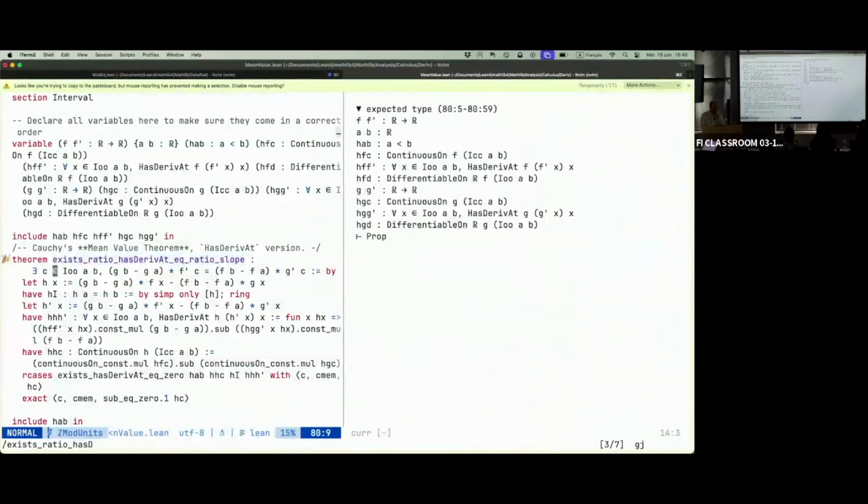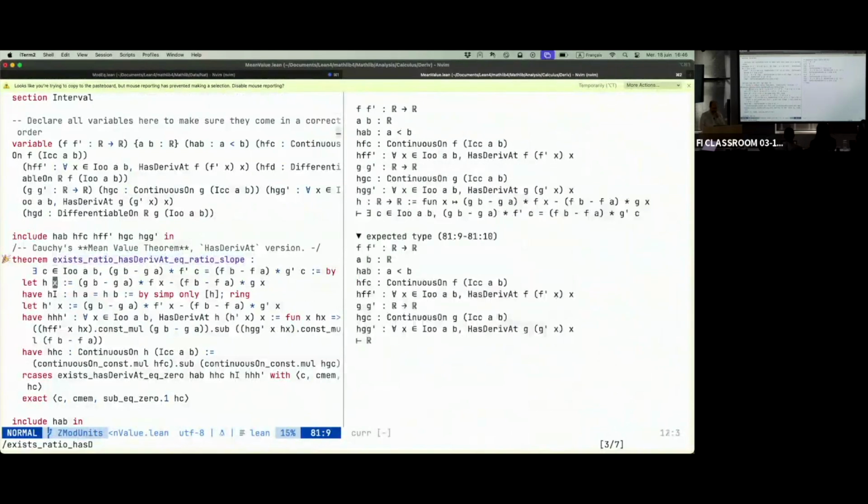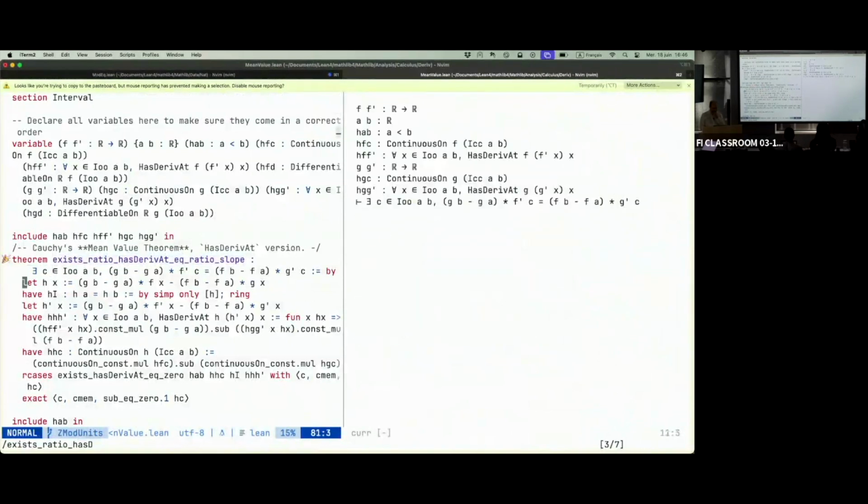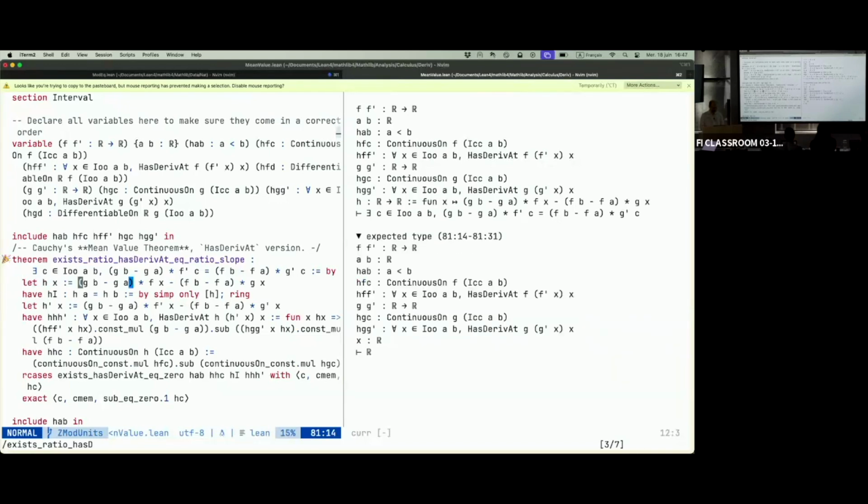So you see it's very short because it says that there is something. First, there is a function which is defined. It's written like let h x. So h was not defined, so it really means that it's a function of a variable x, which is g b minus g a times f x minus f b minus f a times g x.